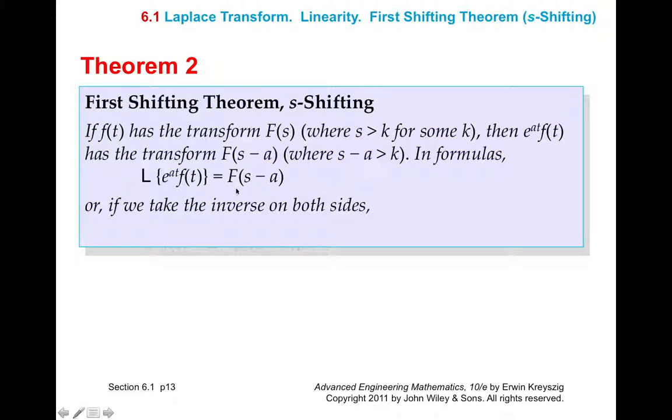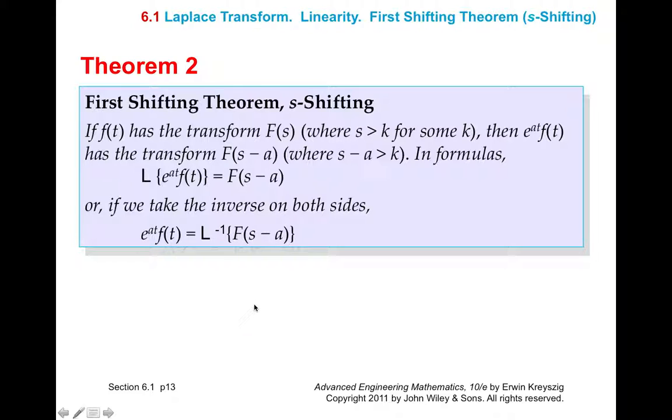Basically, what this means, this f of s minus a, is you would take your f of t and you would take the normal transform where you get f of s. And then this e to the at part, what it effectively does is everywhere you have an s in your transform, you would substitute with s minus a.